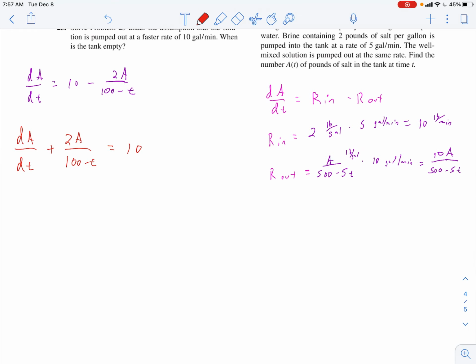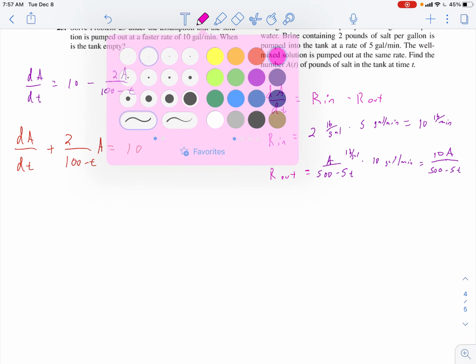Now what we want to do is solve this differential equation. We notice this is a linear equation, and then I can set this up and solve it by solving a linear differential equation. And so I need to find my integrating factor.